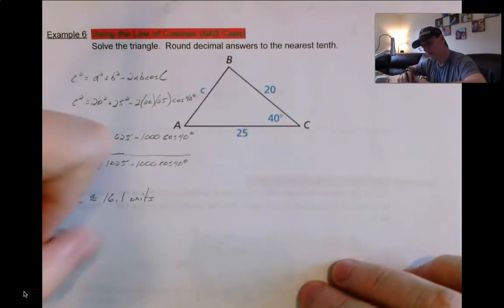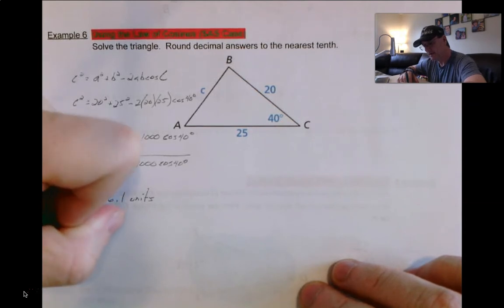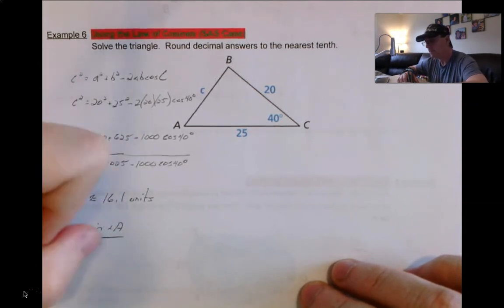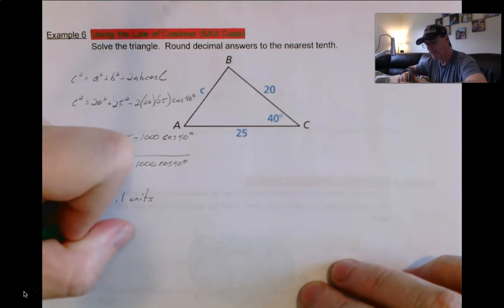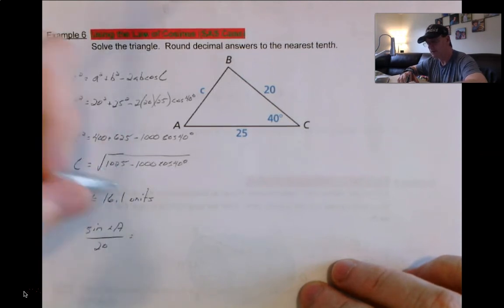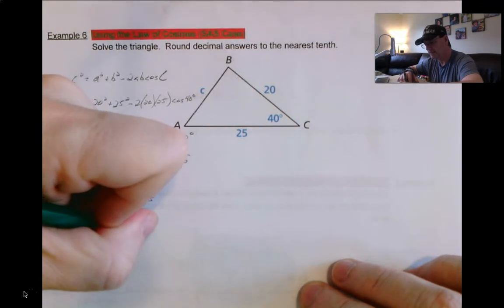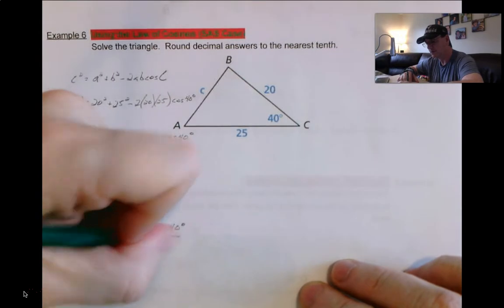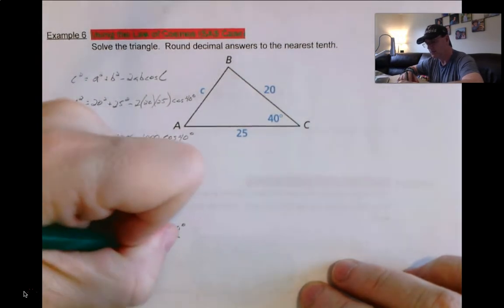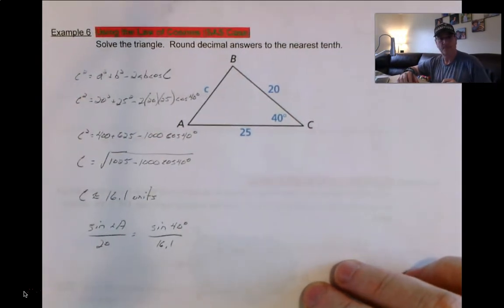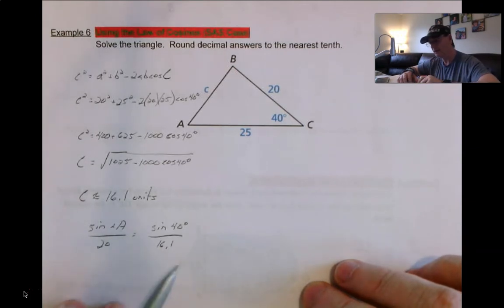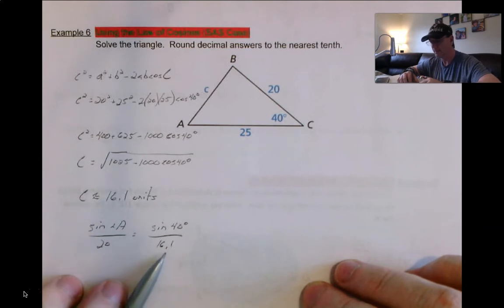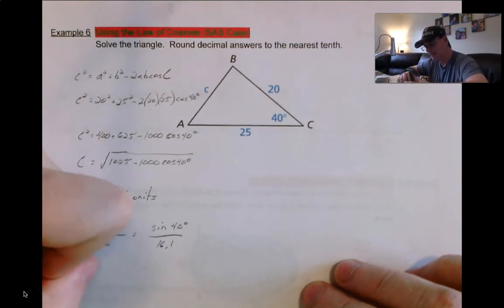So we're going to do sine of angle A over 20 equals sine, I now have a complete ratio, 40 degrees over 16.1. Okay, now when you take trig and precalculus, they're not going to let you use a rounded number here. I'm letting you use the rounded number here. Okay, let's multiply both sides by 20.